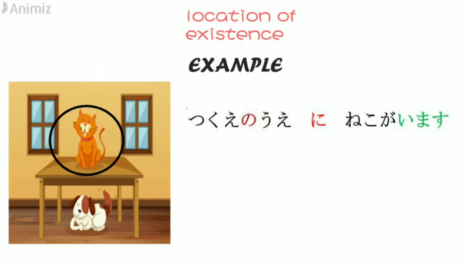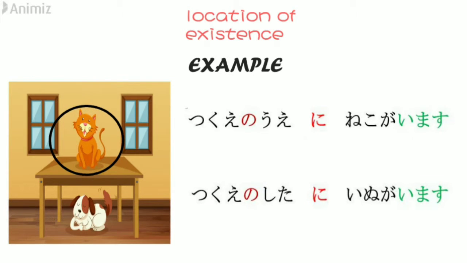Tsukue no ue ni neko ga imasu. Tsukue means a table, ue means on top, and neko means a cat, and we use imasu because a cat is a living object, an animate thing. See that the particle ni shows where the cat is lying. It shows that the cat is lying on top of the table.